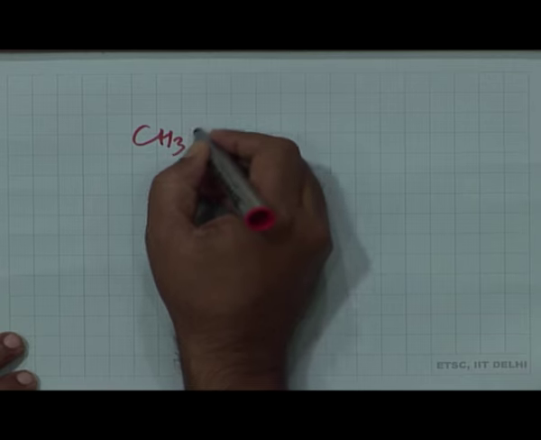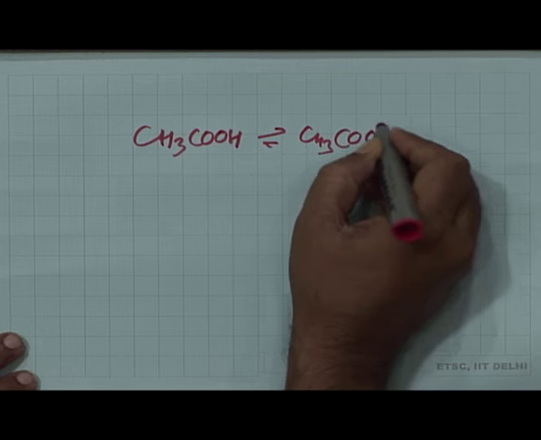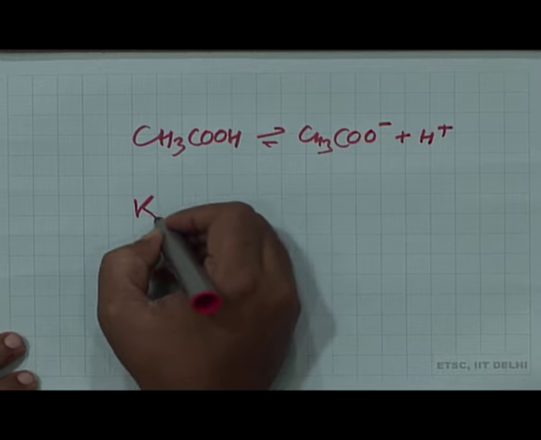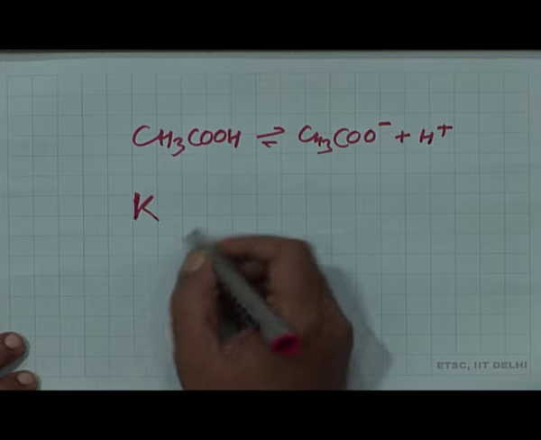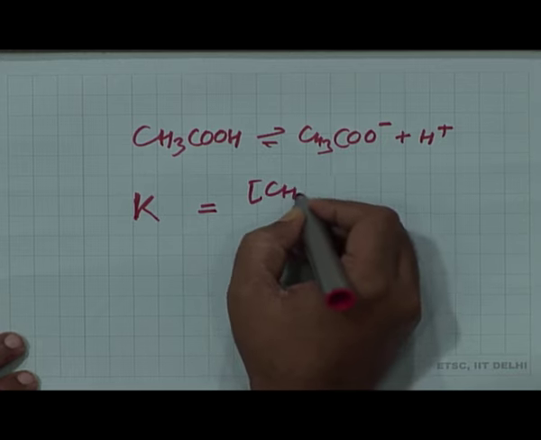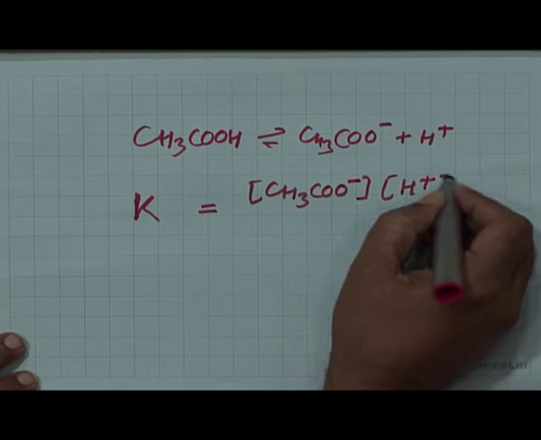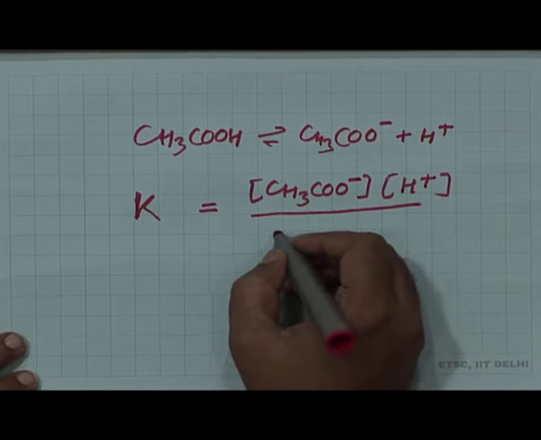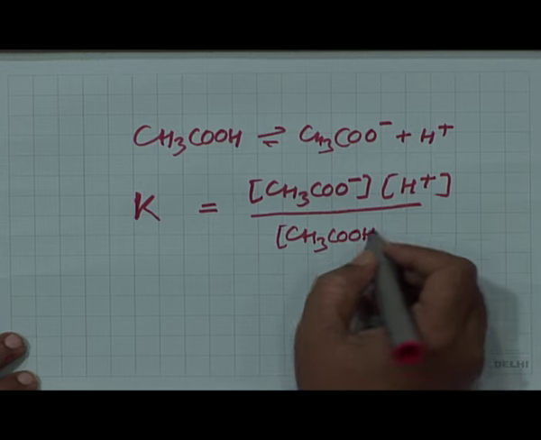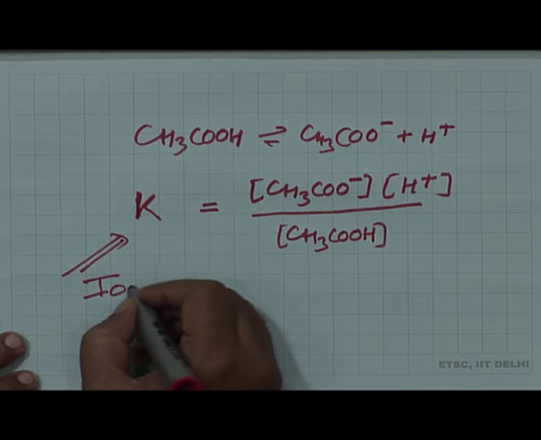So, if I take the case of this weak electrolyte, which is your weak acid also, we can simply apply the equilibrium concept K, which is basically the concentration of products over reactants, and this constant is called ionization constant.